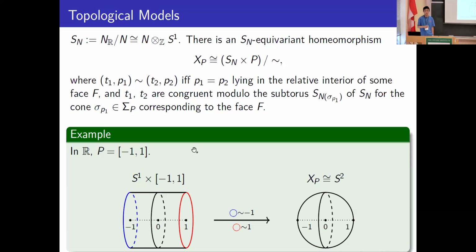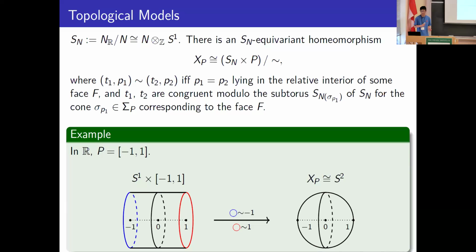And to get the quotient, we need to quotient those tori corresponding to facets. So the blue circle is collapsed into the point -1, and the red circle is collapsed into the point 1, and hence we get a quotient S2, which is the topological model of the toric variety of the interval.